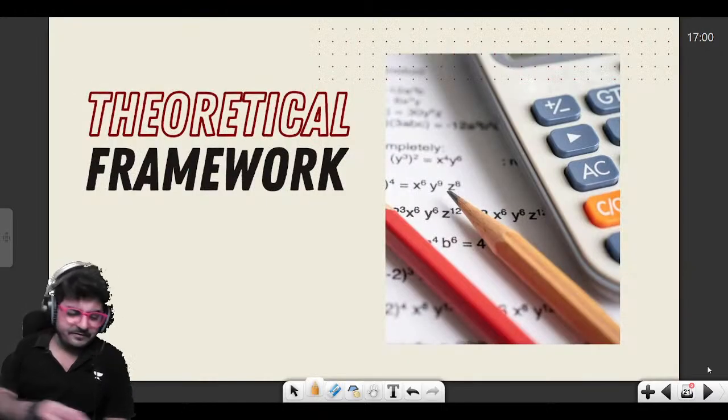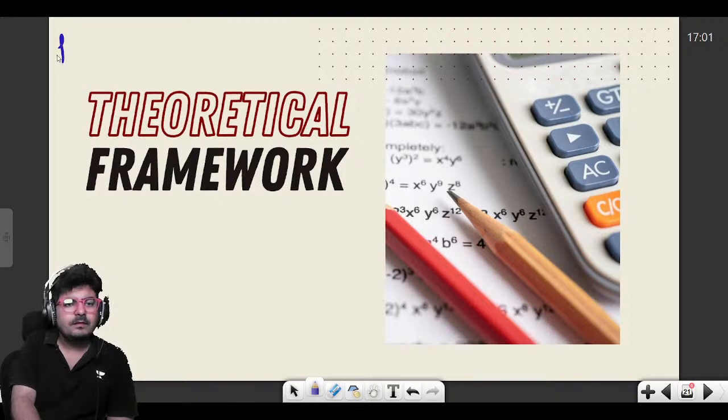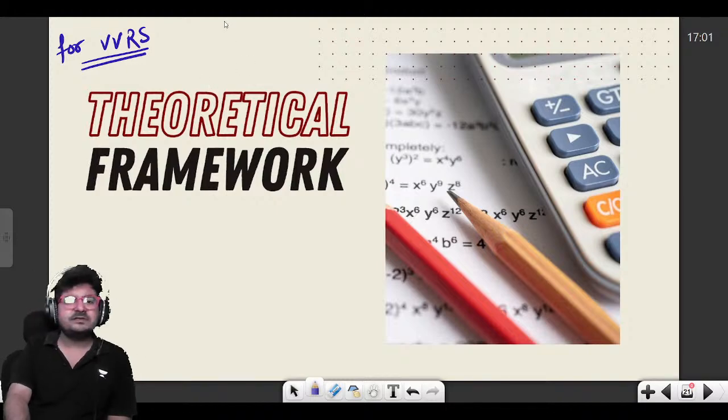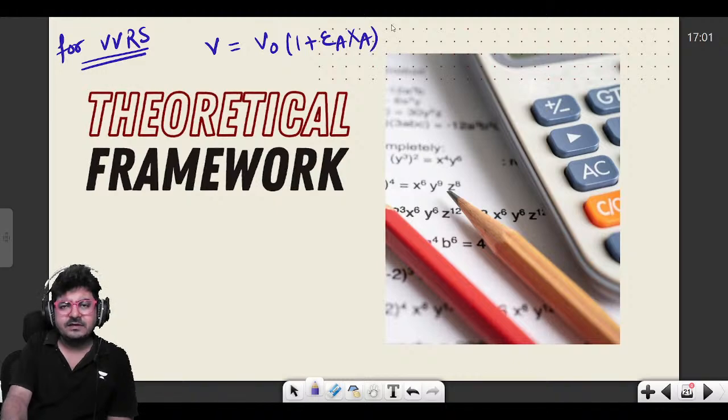अब आगे बात करते हैं VVRS के। So for variable volume reaction system, you guys should understand this. Volume of reaction mixture V at any time can be written as V naught multiplied by 1 plus epsilon A XA times of P naught upon P times of T upon T naught.